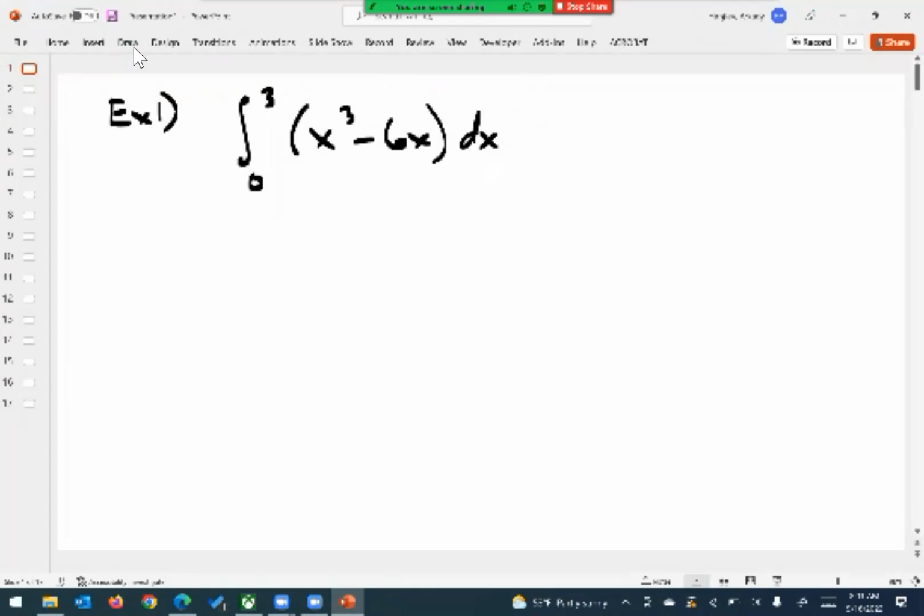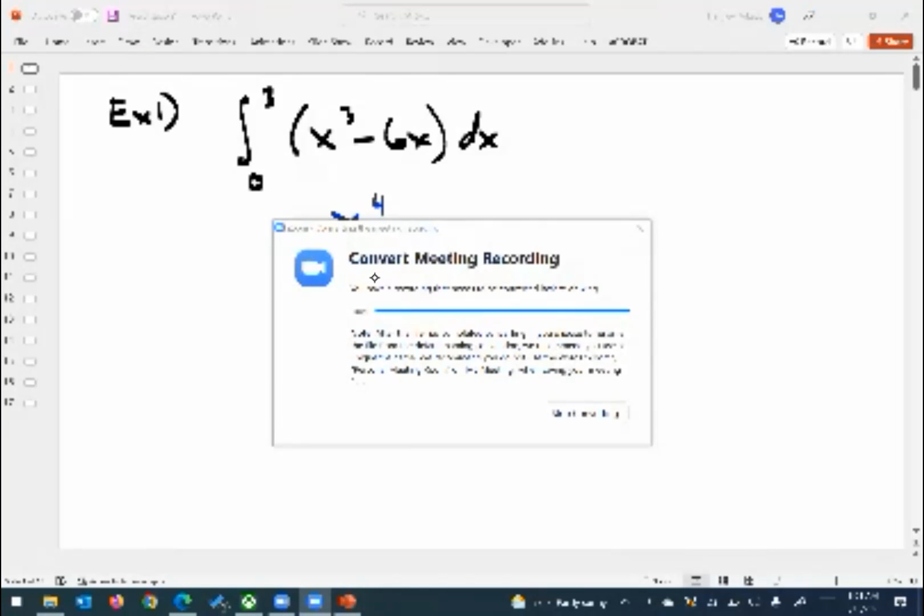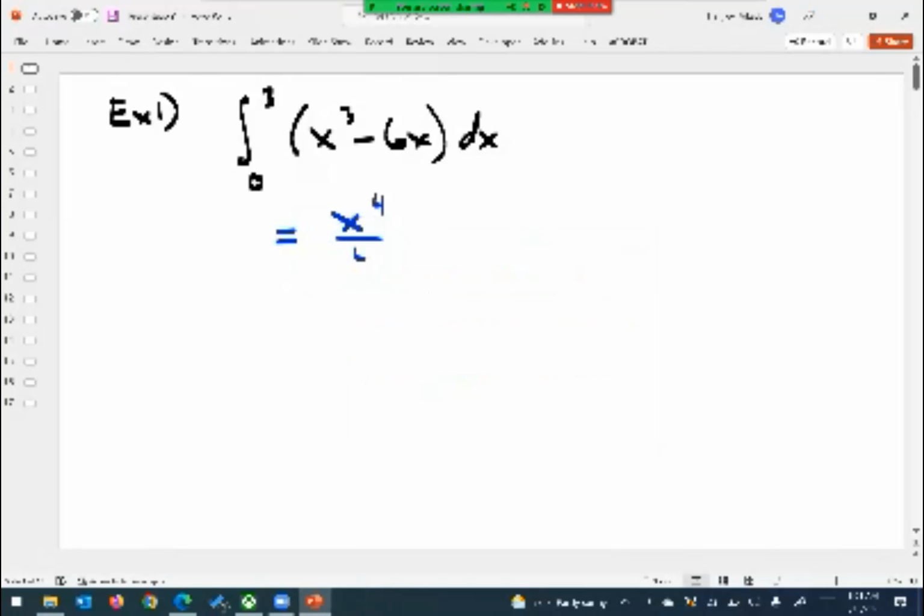Haley, antiderivative of x to the third. Perfect. You just add 1 to the exponent, divide by that number.